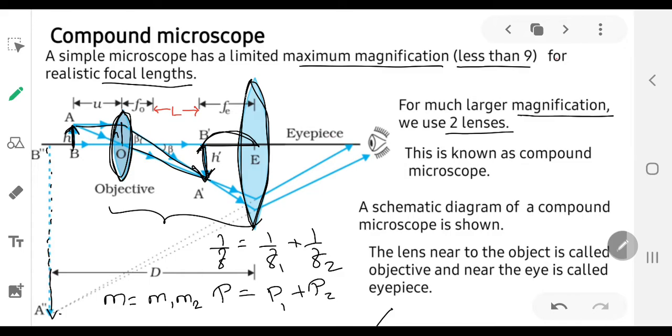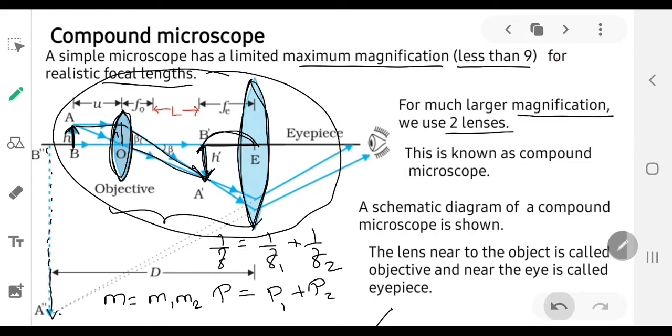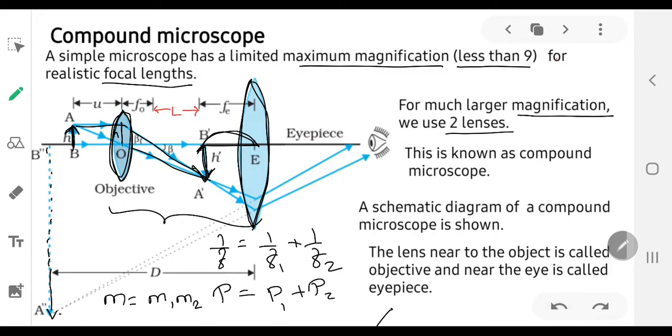So in the case of the compound microscope, the total magnification caused by the system of two lenses is the product of the magnification caused by the first lens and the magnification caused by the second lens. That is nothing but M naught, magnification by the objective, into ME, magnification of the eyepiece.